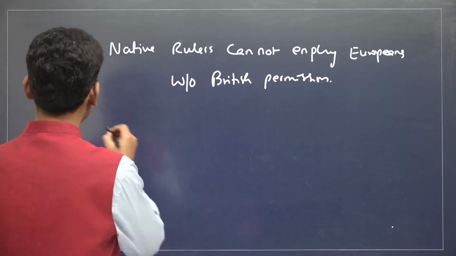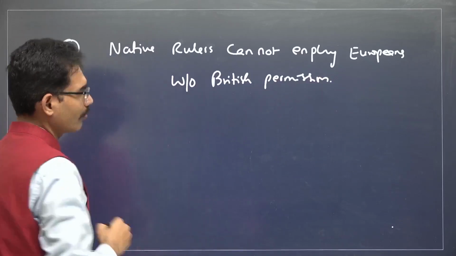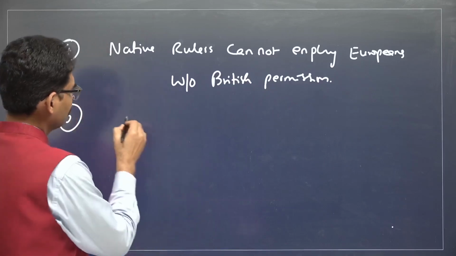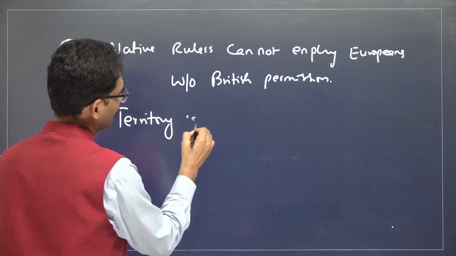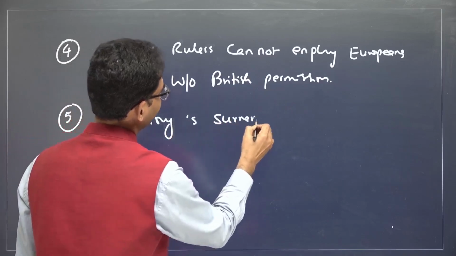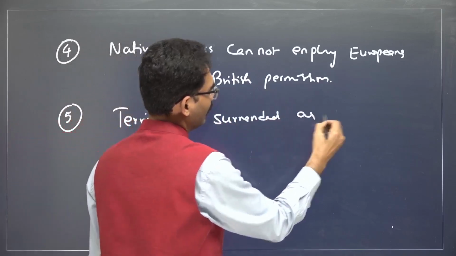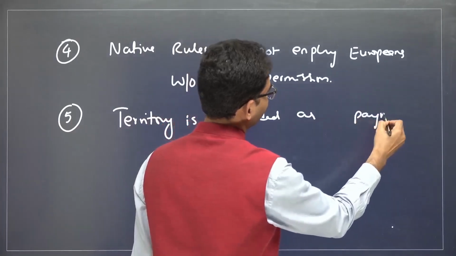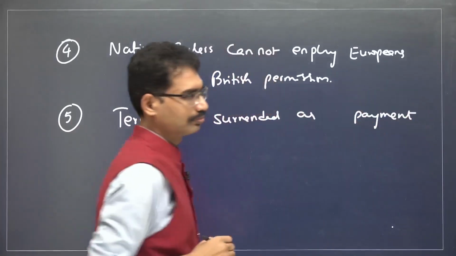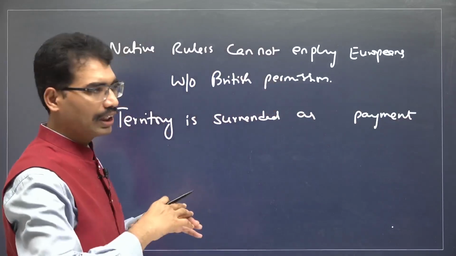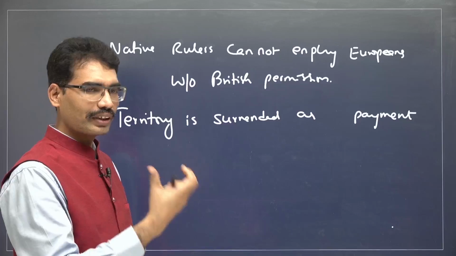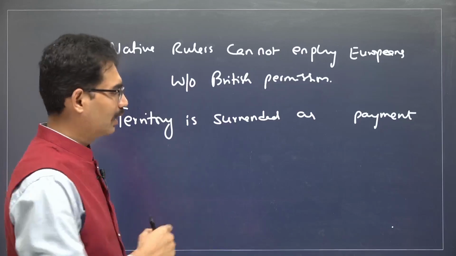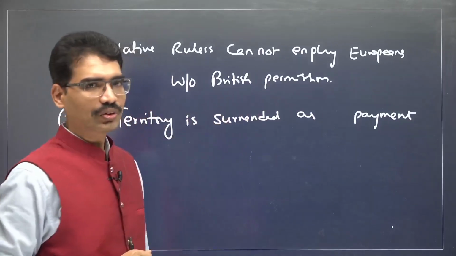Next one, as a payment, territory is surrendered. That is how they used to take different territories. They have taken territories from Mysore, they have taken territories from the Nizam, and they used to control the entire coastline.